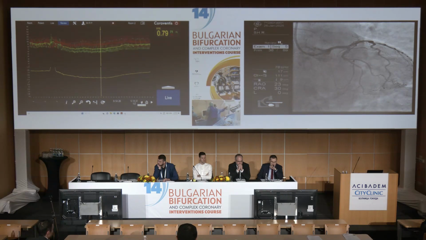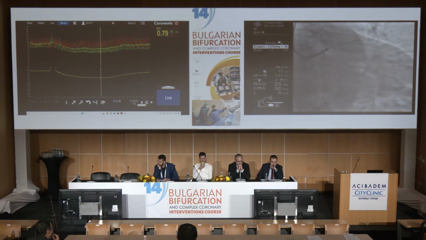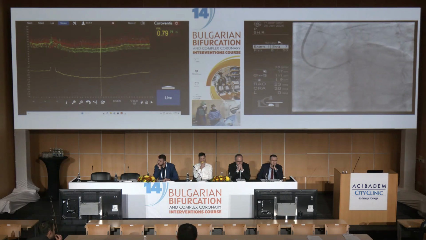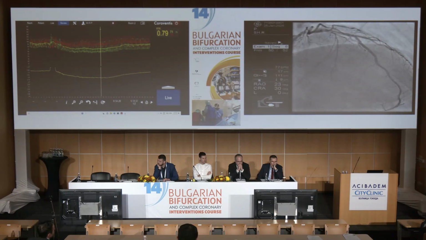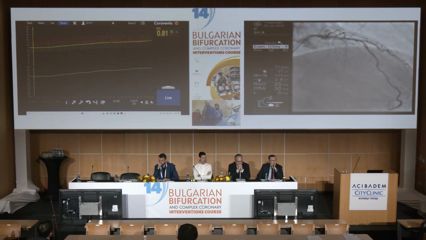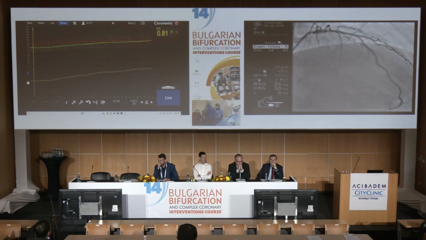This is the fractional flow reserve, and very surprisingly, in contrast to the previous patients, here we have an FFR of 0.79. You will say, well, it's not very different, but nevertheless, psychologically, it's important. And then we went to a pullback, which is illustrated here, and look how important it is to do this pullback.